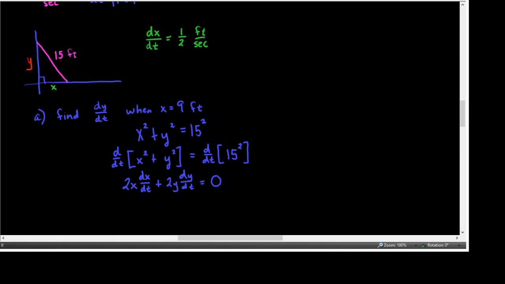All right, so now I would start, well, I guess we can solve for dy dt if you want to. Let me do this twice. I want to do it once where we solve for dy dt first. I'll do that over here to the right. So to solve for dy dt, I would subtract 2x dx dt from both sides.